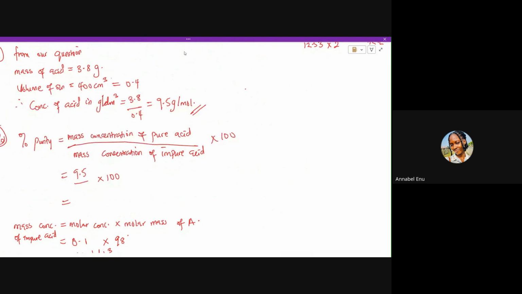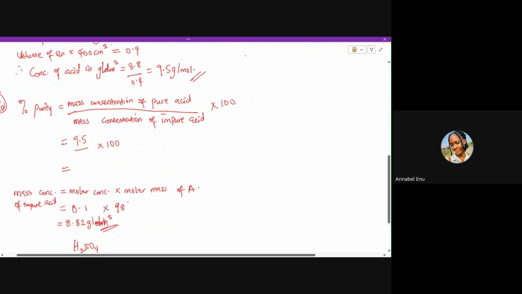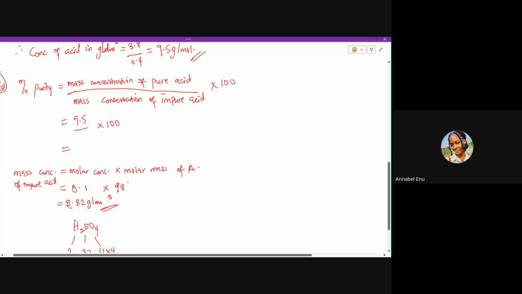So you see, all these decimal places have a role to play in giving us good, accurate answers, right? So when 0.1 multiplies 98, we don't get this. We get 0.1 times 98, we have 9.8. So this is going to be 9.5 divided by 9.8, right?